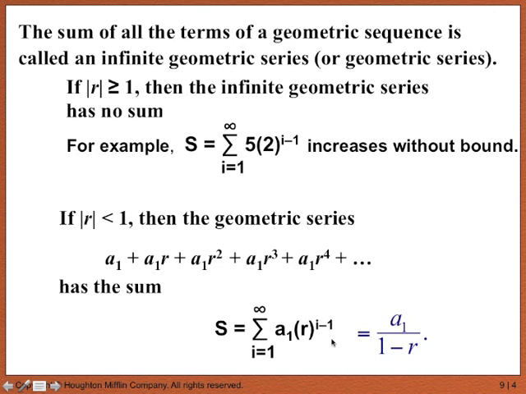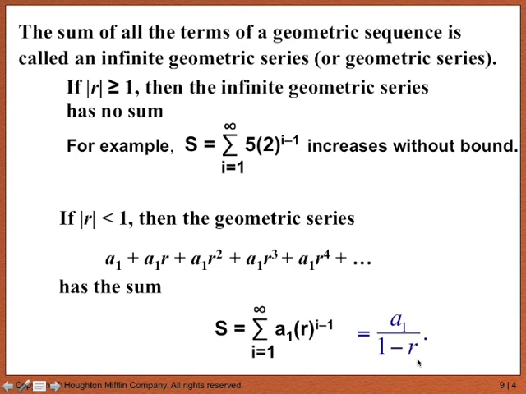And this is simply the general way that we've been writing geometric sequences all along: a sub 1 times r to the i minus 1. That equals a sub 1 over 1 minus r. Notice that this formula is even simpler than the nth partial sum formula that we did on the previous screens. So definitely write this formula down now before we go into the derivation on the next screen.